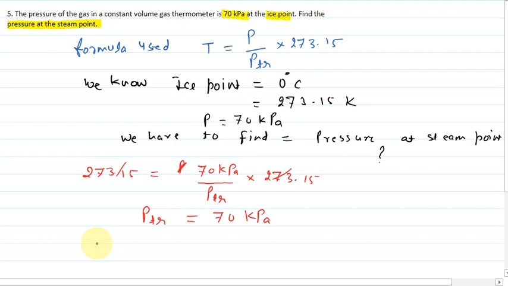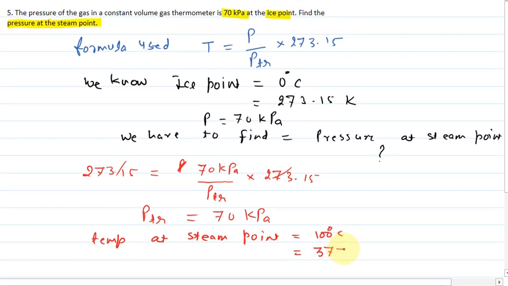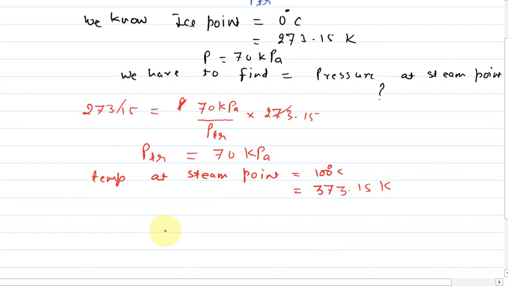So here steam point, temperature at steam point everyone will know is 100 degree centigrade, but in this formula the temperature is used in absolute scale, so it will be 373.15 Kelvin. Okay, now put these values in the given formula.